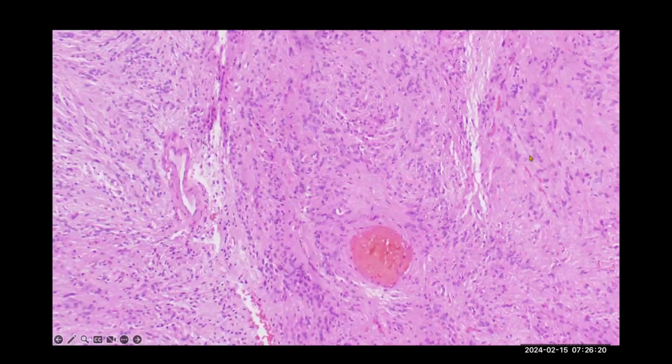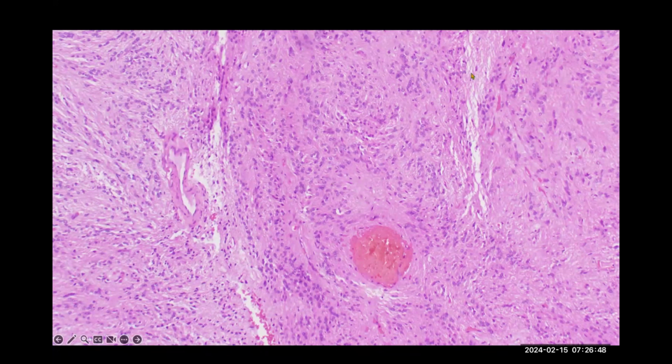But in contrast, there are these areas, a minority of foci, with higher cellularity. In the center, you see that red blood vessel surrounded by a relatively nuclear-free zone. Do you see my arrow?